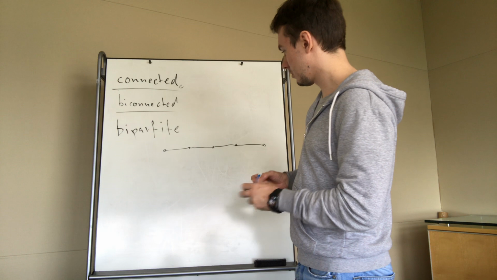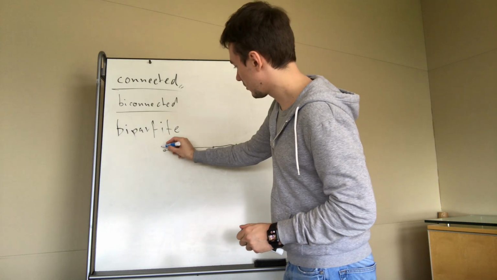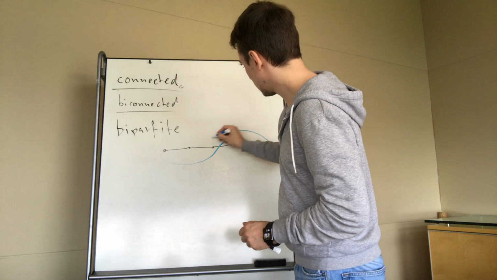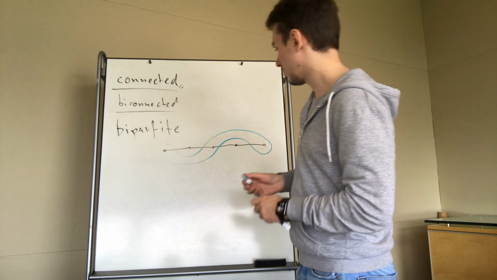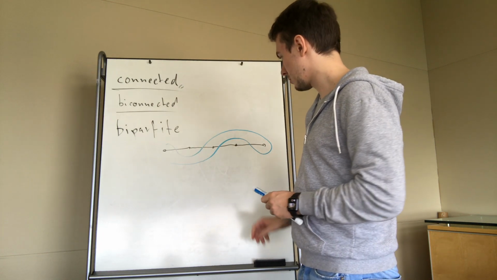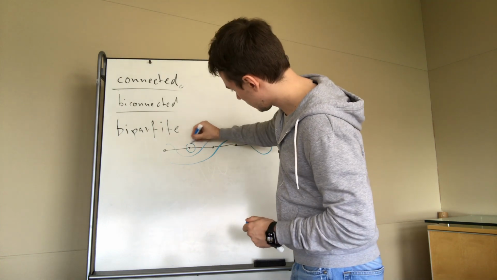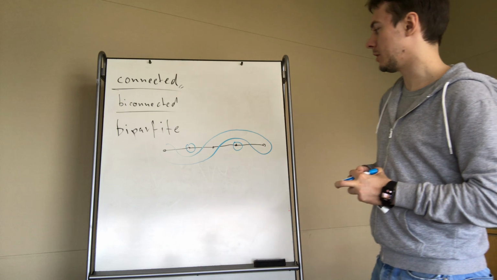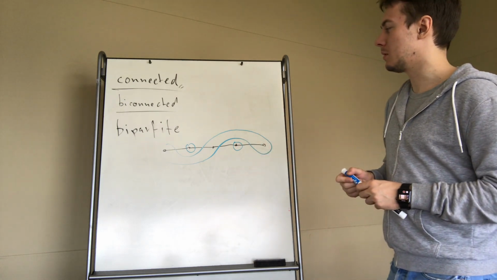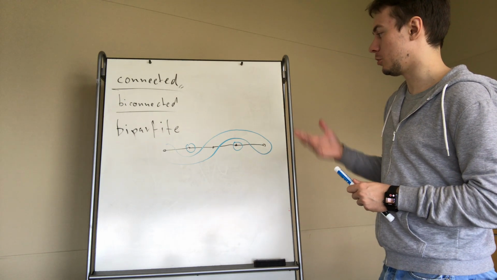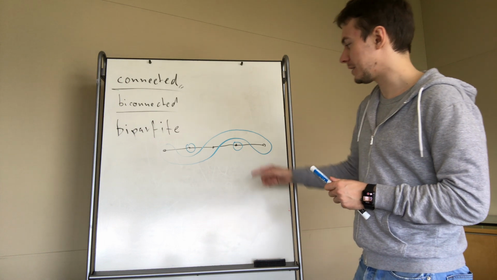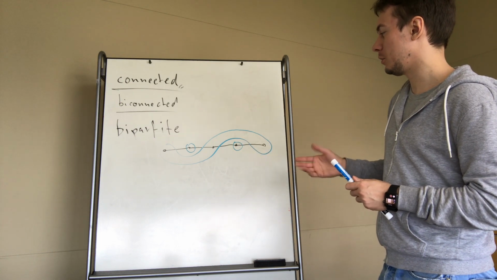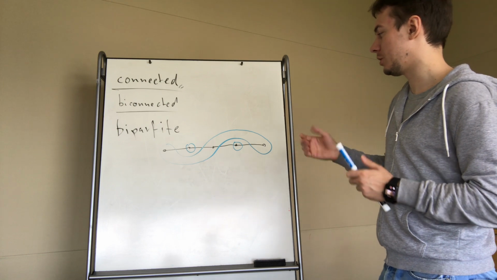As you can see, we can split this set of vertices into two subsets of vertices which are not connected between each other.